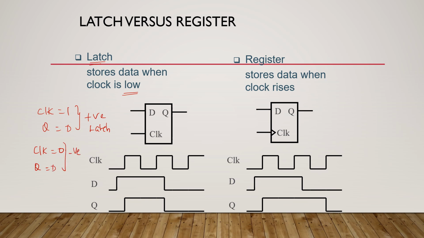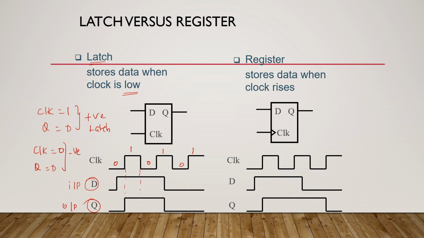So here you can see this is my clock signal, right? It is 0, it is 1, it keeps on changing. This is my input data, and this is the output of the latch. See, during the clock high, whatever changes, it is copied at the output side.